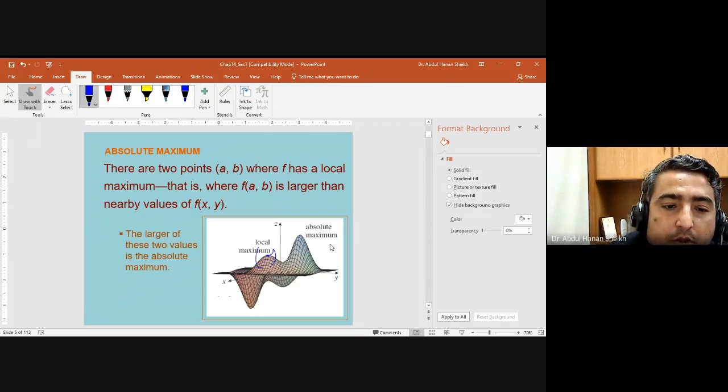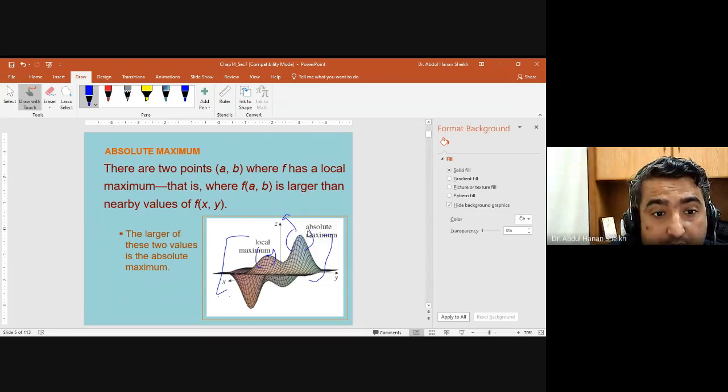But if you extend your domain to this one, then this is your absolute maximum. Or if you consider this domain, then this is a local maximum in this short domain, but in a larger domain, this is the absolute maximum.